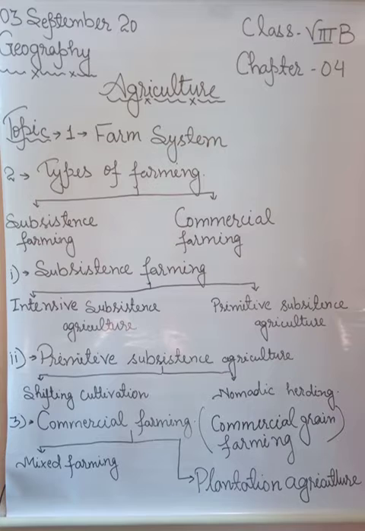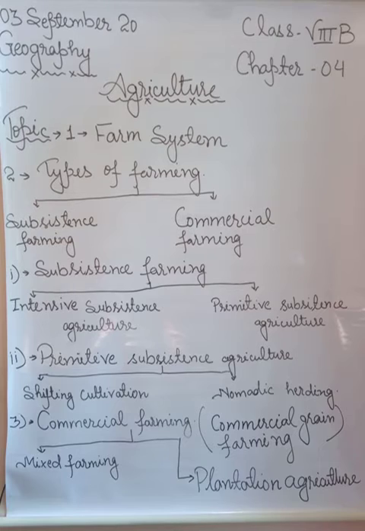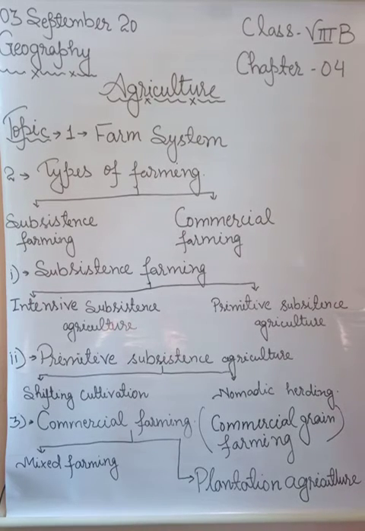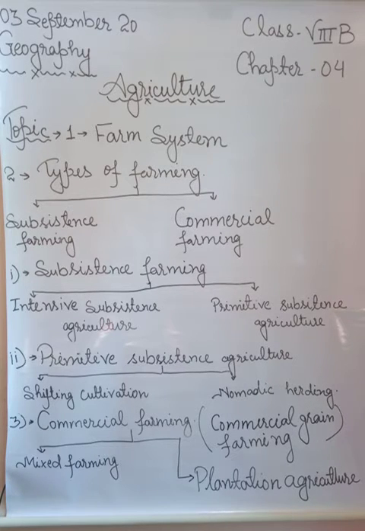So students, nomadic herding is also a very important part of primitive subsistence agriculture, in which nomadic herding is mostly practiced by the herders, or the people who are rearing animals, in the semi-arid and arid regions of the Sahara Desert, Central Asia and some parts of India also, like Rajasthan and Jammu and Kashmir.